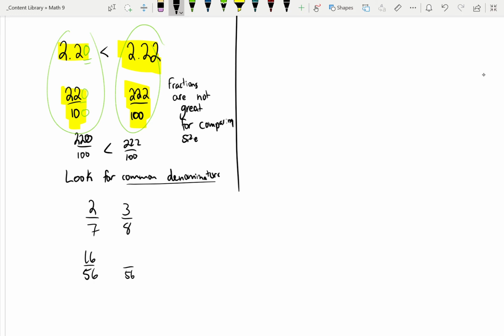So this would be 16, and this would be 21. And all I did to get there was I multiplied this side by 8 on top and bottom, and I multiplied this by 7 top and bottom. So common denominators will very easily help us find whether or not a number is bigger or smaller.